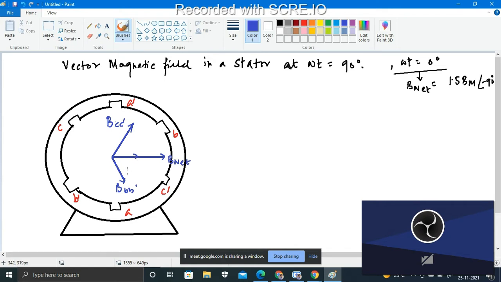On this axis we are considering BAA dash, because BAA dash is equal to 0, right?